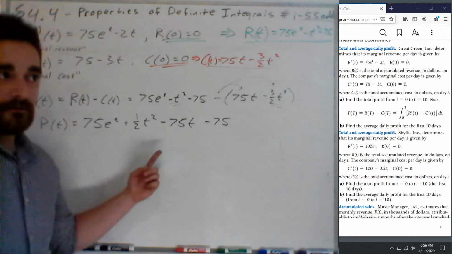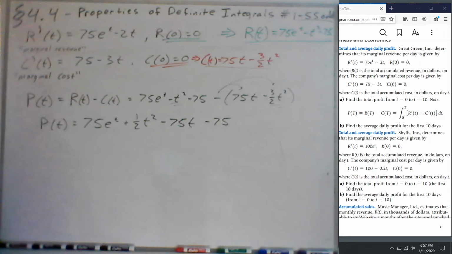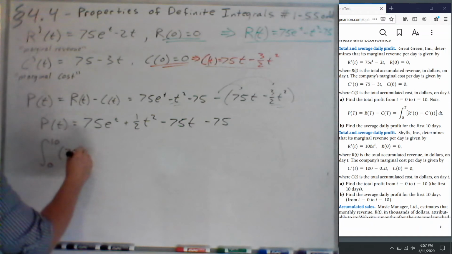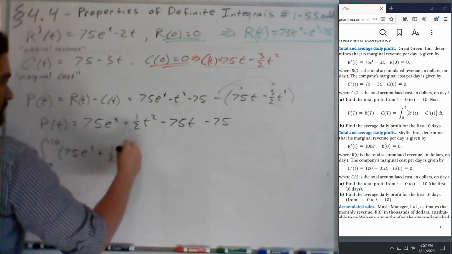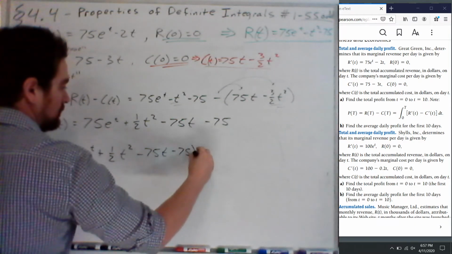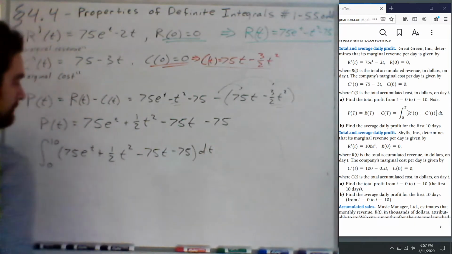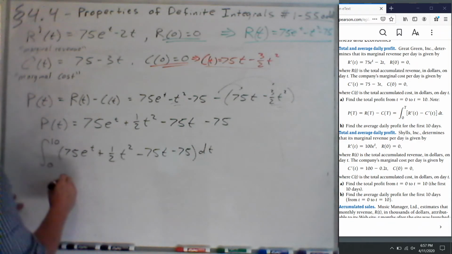What do we do with that profit function? Well, now we can answer part A. We can find the total profit from 0 to 10 by integrating the profit function. So this will give us our answer that we're looking for.